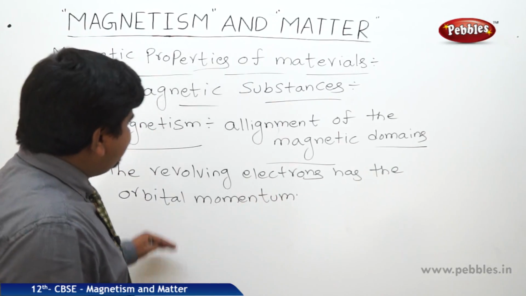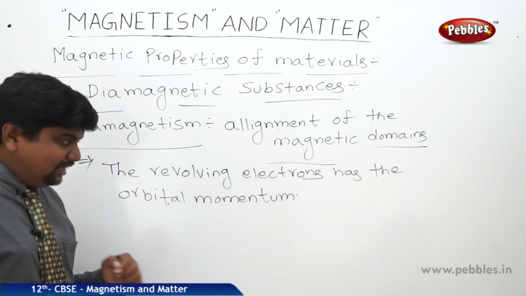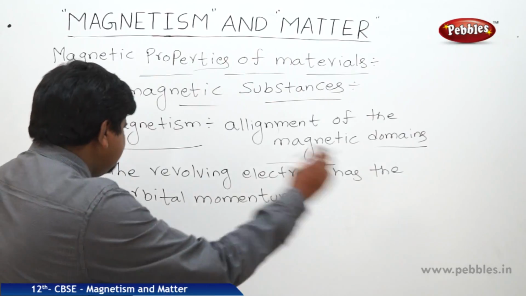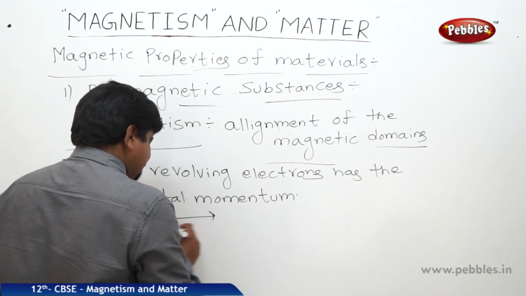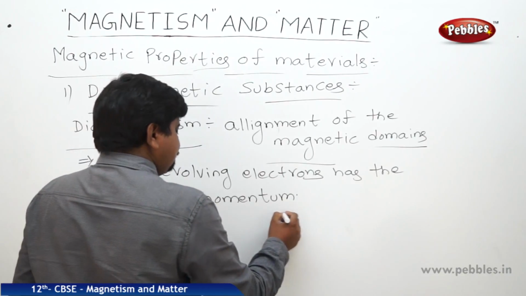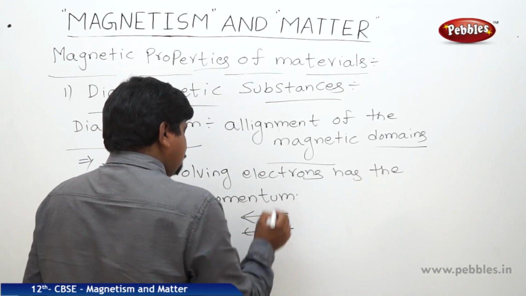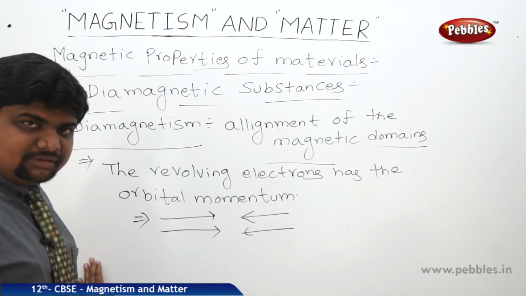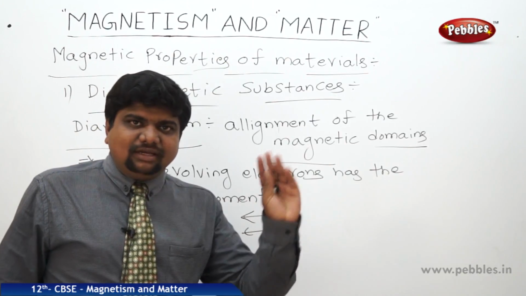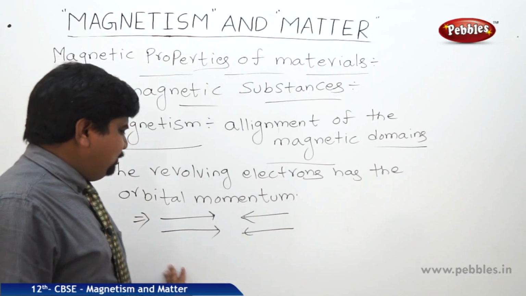Suppose these electrons which are placed in the domains are exposed to magnetic fields. In diamagnetic substances, there are electrons moving in the same direction and electrons moving in the opposite direction. These two types of electrons will be there in the atomic structure of any material, metal or non-metal.